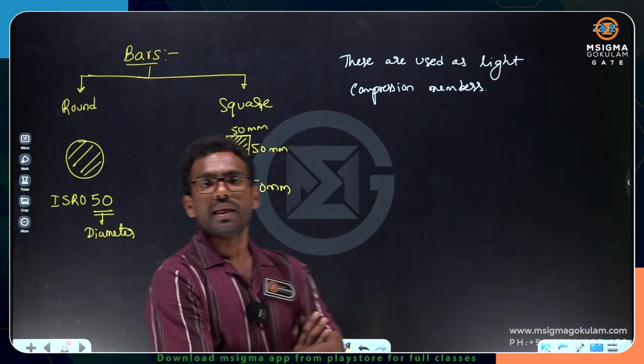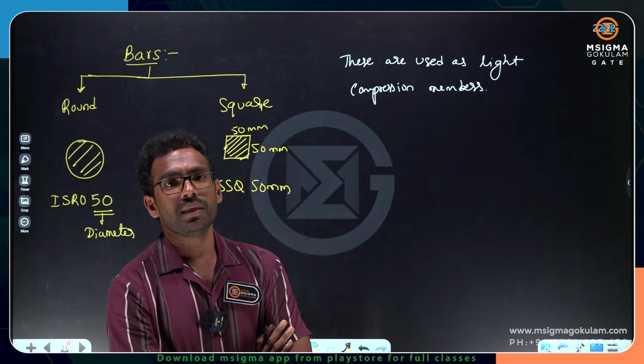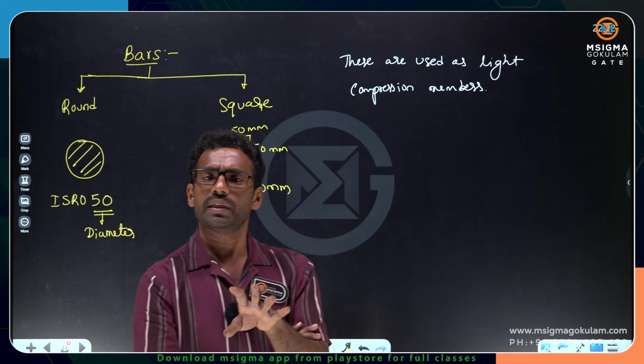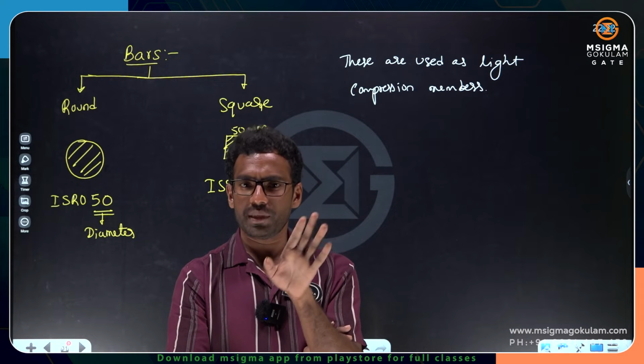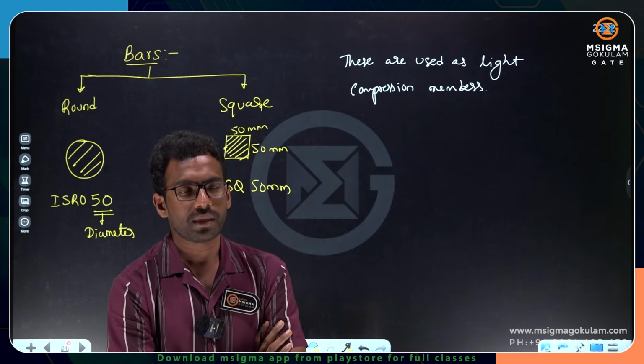Whenever light compression members exist, we can go for bars. So these are all the different types of rolled sections we have, and the corresponding utility where we can use them. That is all about this.